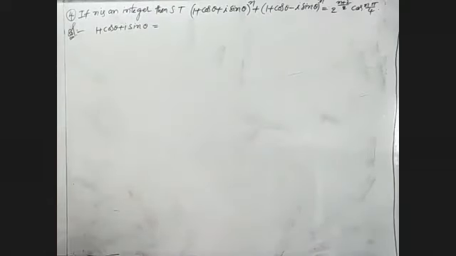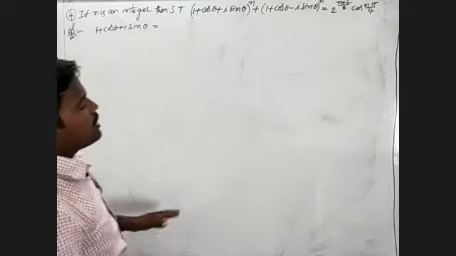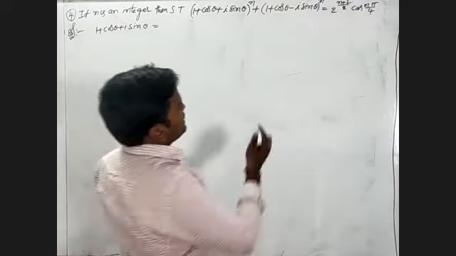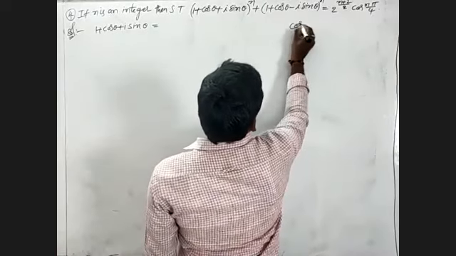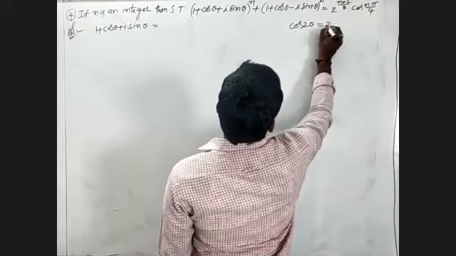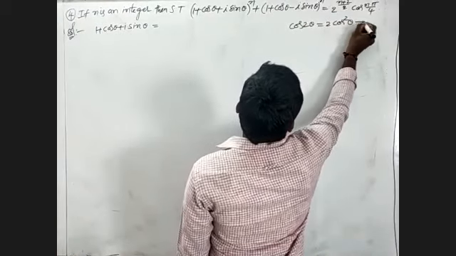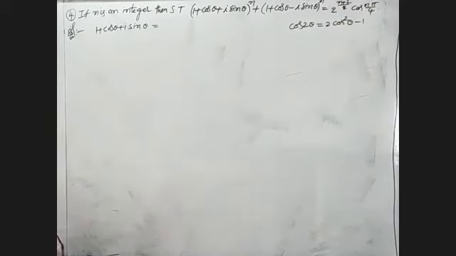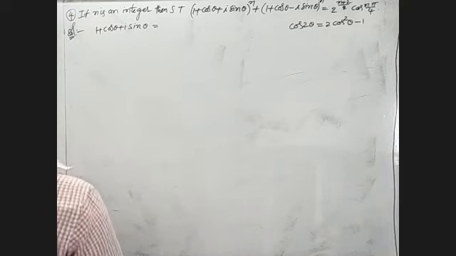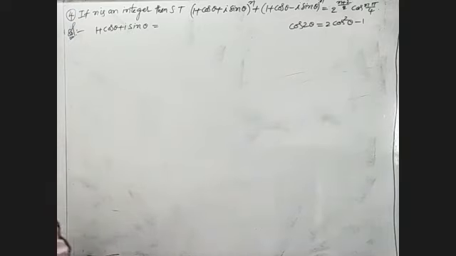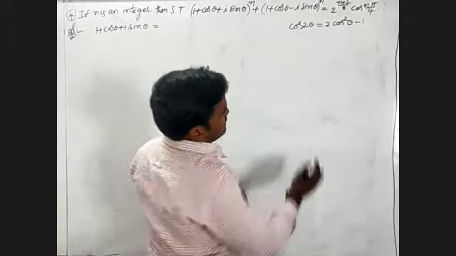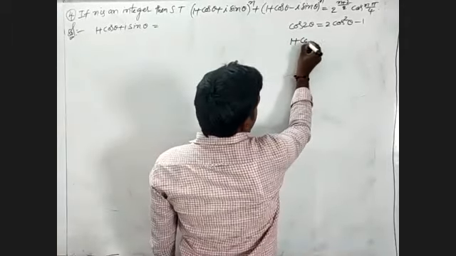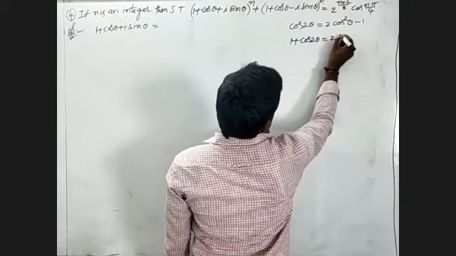The first is cos 2 theta in terms of cos square theta: cos 2 theta is 2 cos square theta minus 1. Minus 1 goes to the other side, so 1 plus cos 2 theta is nothing but 2 cos square theta.